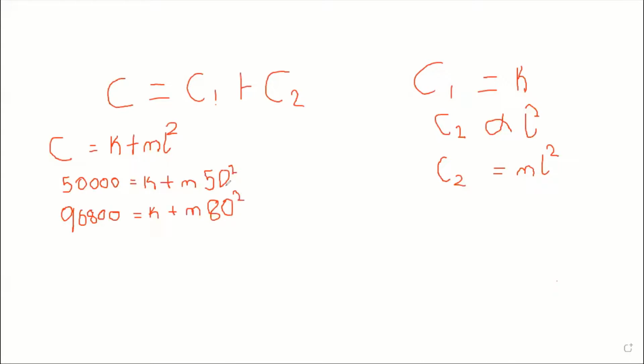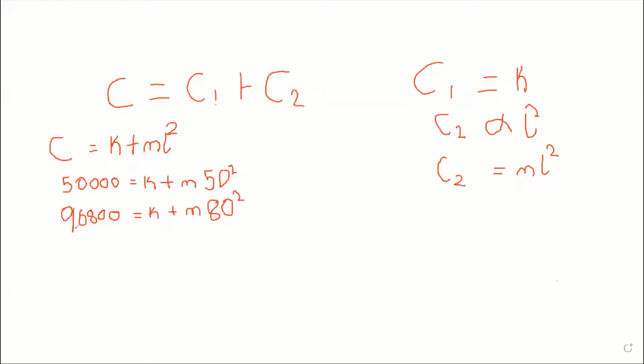So what we see from this is that we have now formed, we need to get K and M, and we are going to use simultaneous equations. Since we have formed two simultaneous equations, the first is 50,000 is equal to K plus M, 50 squared, and the second is 96,800 is equal to K plus M, 80 squared. You can use any type of method to solve the simultaneous equation, but I decided to use the elimination method.